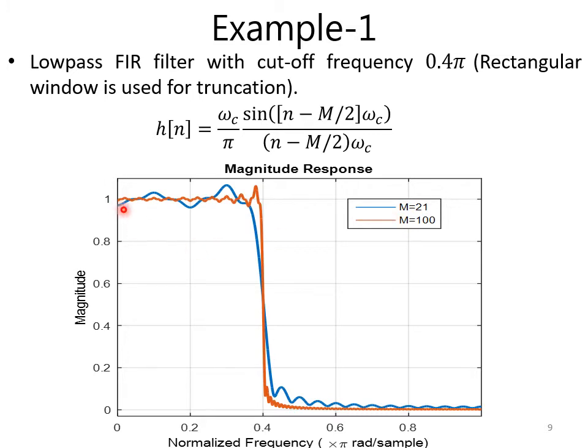For M equal to 21, in blue, we have oscillations in the pass band as well as in the stop band, and the transition starts before 0.4 and ends after 0.4. But when M is 100, the oscillations are still there, but the transition is now like a brick wall, right? So increasing the value of M has only solved the problem of the transition band using rectangular window functions. The oscillations are still there.